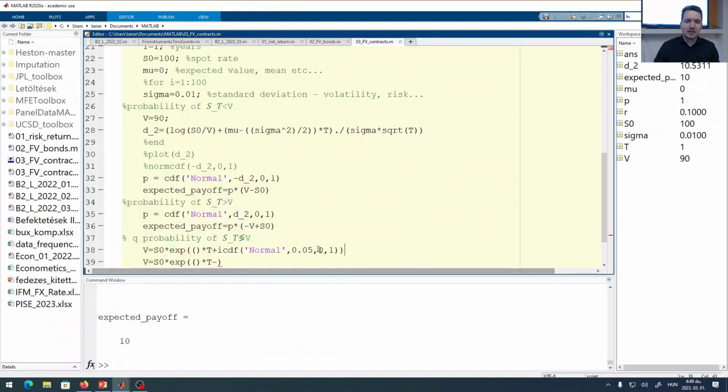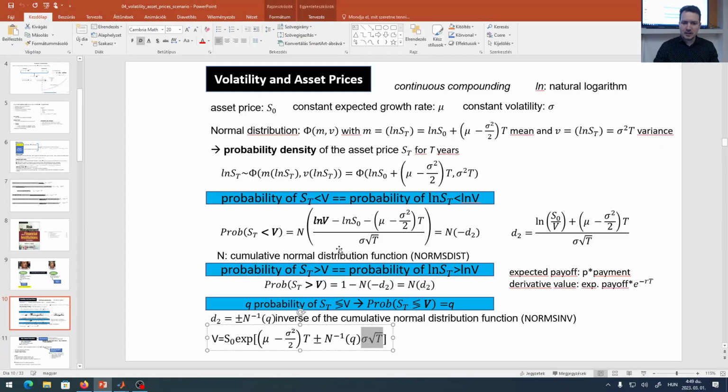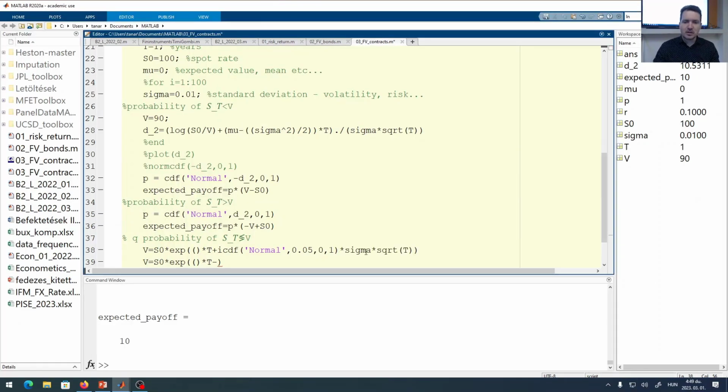And still have this thing here, which is multiplying the normal distribution.